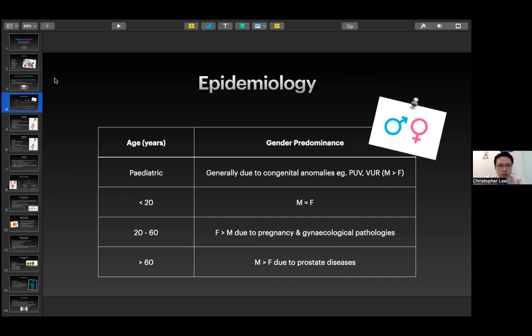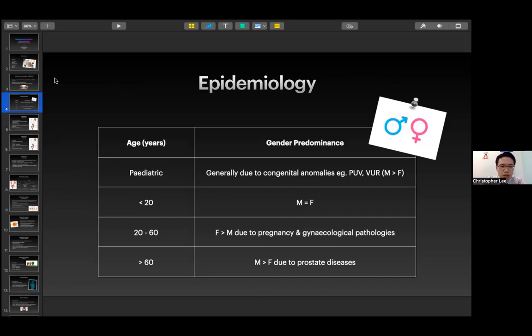You can divide epidemiology into gender predominance based on age groups. In the pediatric age group, it's generally due to congenital anomalies, for example, vesico-ureteric reflux and posterior urethral valves. In this age group, males are more affected than females because posterior urethral valves exist exclusively in males.